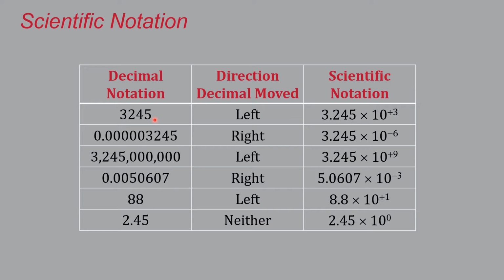In this case, you're going to move it 1, 2, 3 positions. So we moved it to the left, 3 spots. So now the mantissa, the coefficient, becomes 3.245 times 10 to the positive third. Usually if the exponent is a positive number, you don't write the positive sign, but I'm doing it here just for clarity.